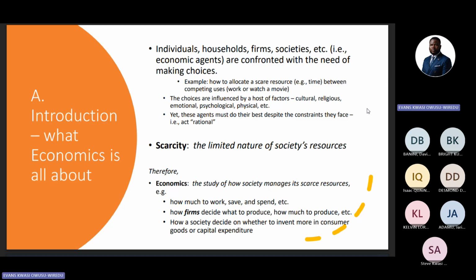We are always faced with the issue of making wise decisions. In economics, instead of saying wise decisions, we use a term called rational. So we say rational choices. Your decision must be rational when you are encountering these problems.